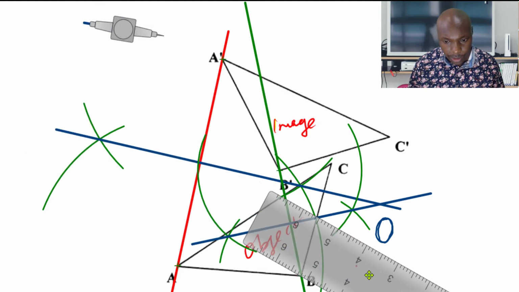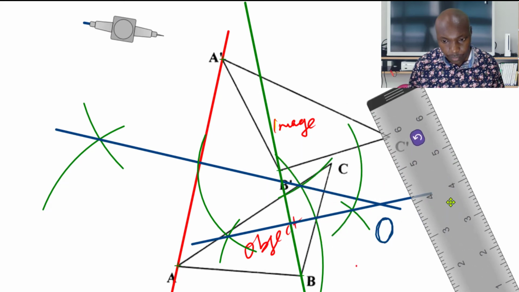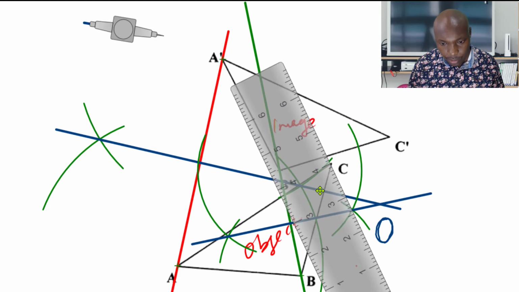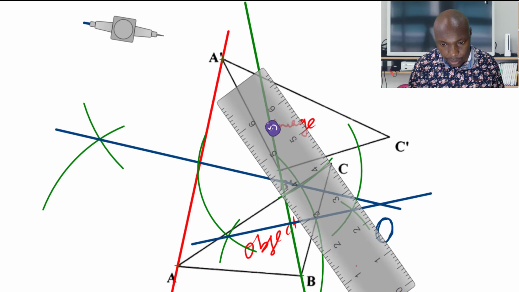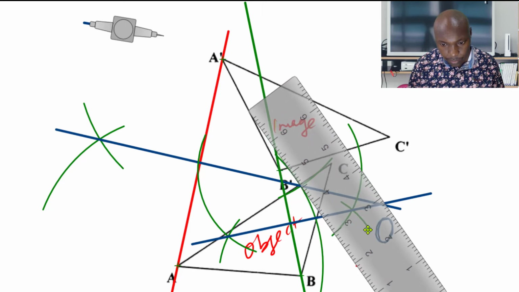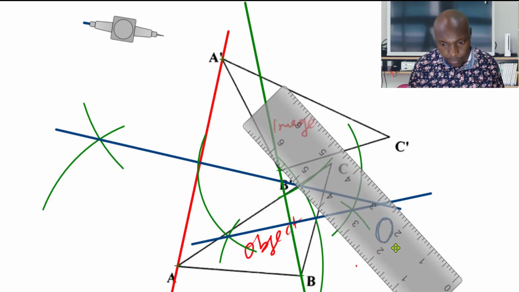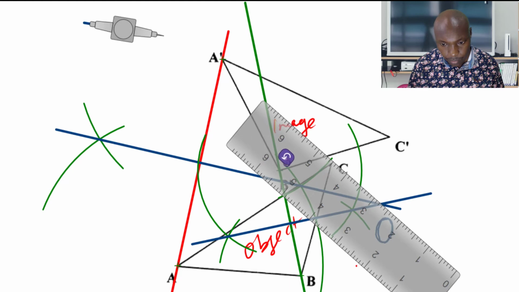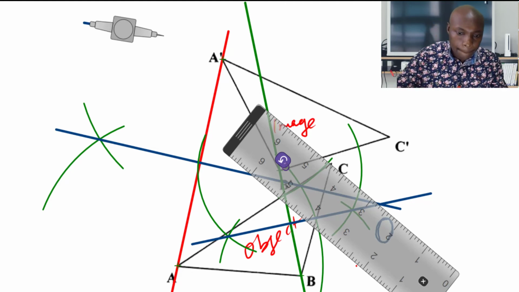The center is not there, so the center is here. You join point C to the center. There it is.